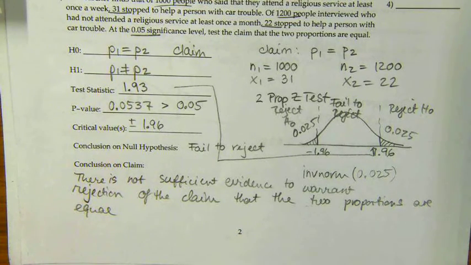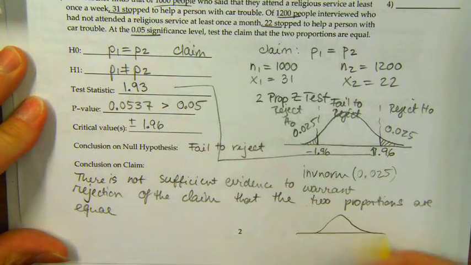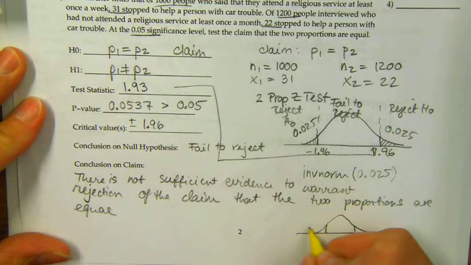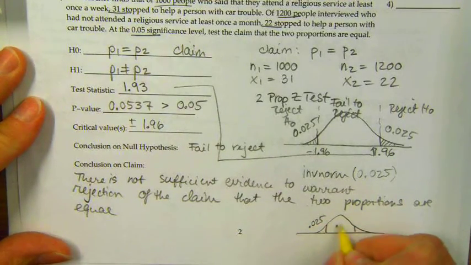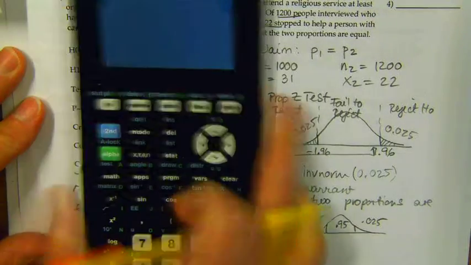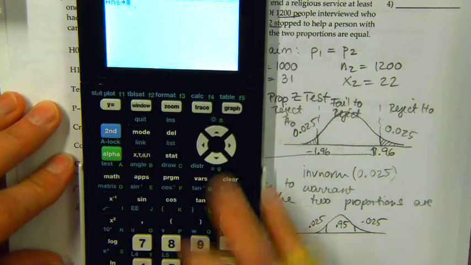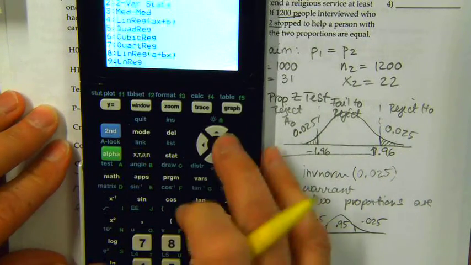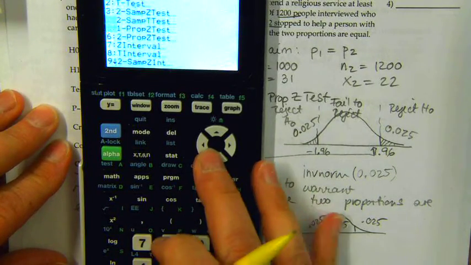We have a total of 5% in the two tails. What's the area in the middle? Yeah, 0.95, 95%.